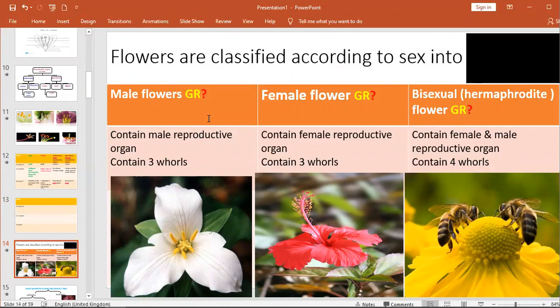The male reproductive organ is present in male flowers, so a male flower contains 3 floral whorls only: sepal, petal, and androecium, or calyx, corolla, and androecium. But bisexual or hermaphrodite flowers contain 4 whorls: sepal, petal, androecium, and gynoecium, like this picture.